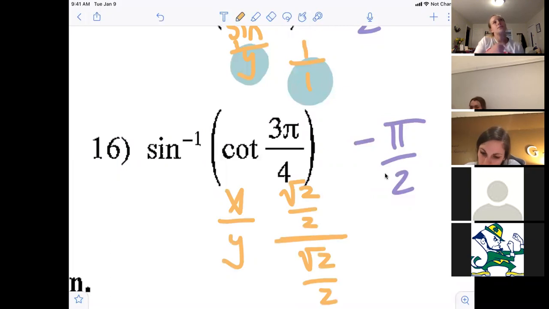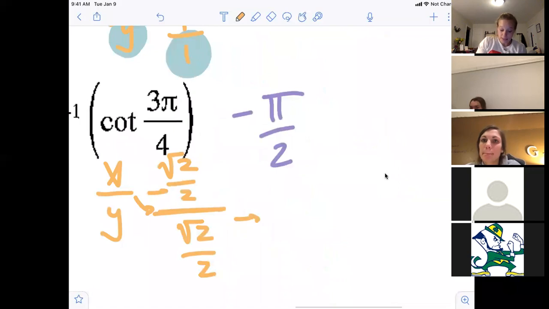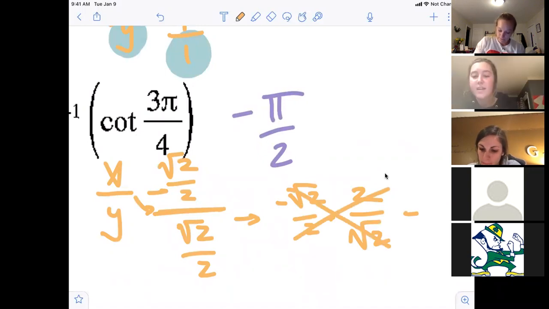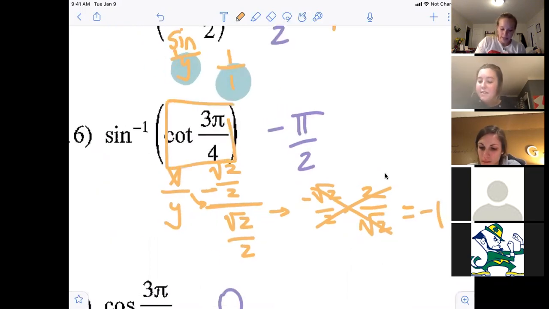And since it's 3 pi over 4, the x is negative. Are we okay with that? Everyone finding that? Okay, so now I multiplied. This is ugly, so I've got negative root 2 over 2 times 2 over root 2. Cross those out. Is it just -1? -1. So that whole inside becomes -1.